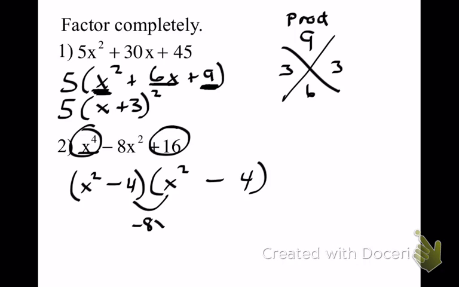That makes negative 8x squared. It's not working. Let's see. Hold on. Okay, I caught my mistake. It makes negative 4x and negative 4x. They both add to that middle term.